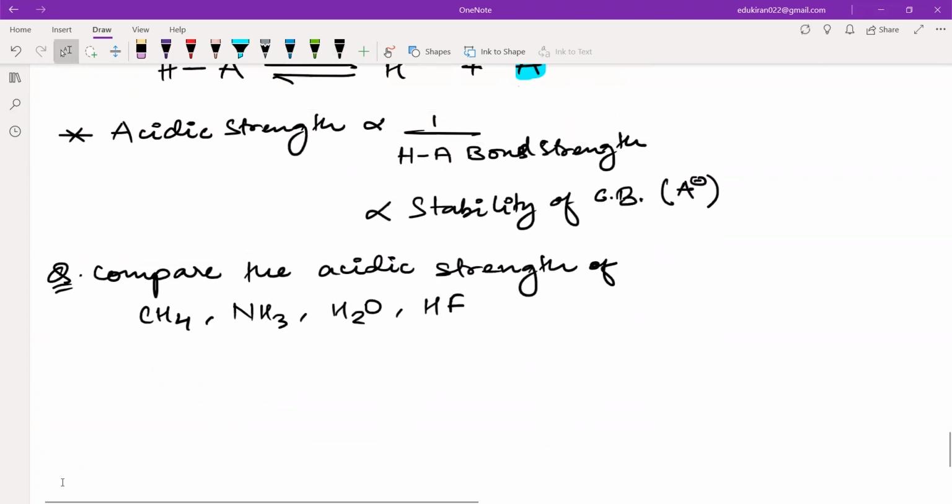So first thing is that you can see these central atoms have hydrogen attached to them, obviously.